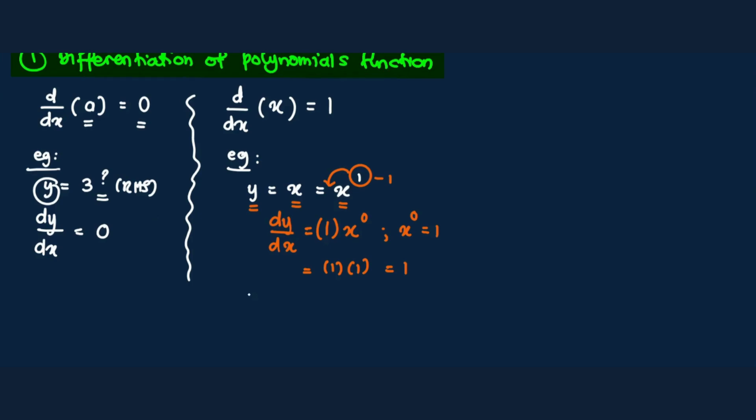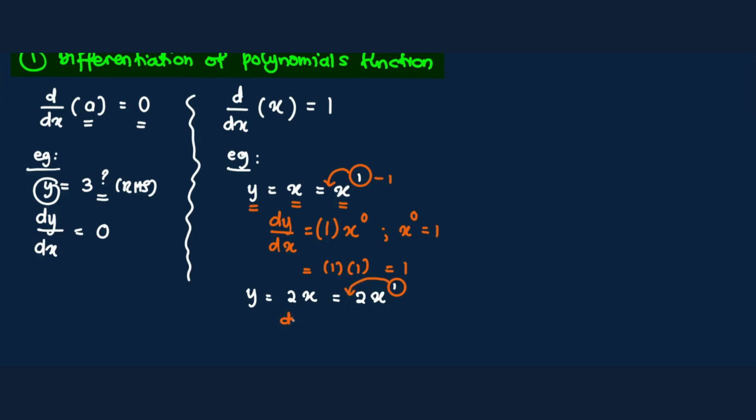Whenever you have y is equivalent to 2x, still here, your x is having power 1. 2x power 1. So when you want to find the dy/dx, what happened is, you multiply the 1 to the front here.